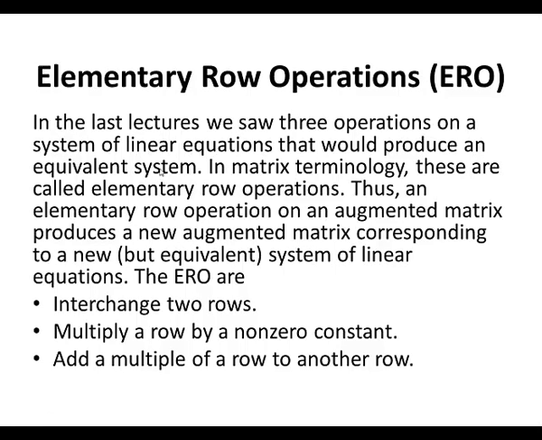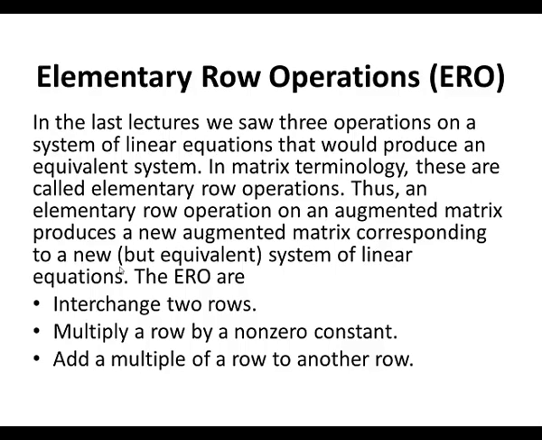Now, since we are dealing with matrices, we're going to transform those statements into matrix terminology and call them elementary row operations. Thus, an elementary row operation on an augmented matrix, which I'm going to define later, produces a new augmented matrix corresponding to the new but equivalent system of linear equations.